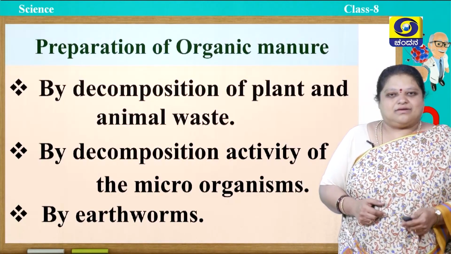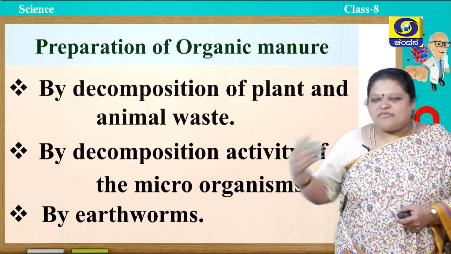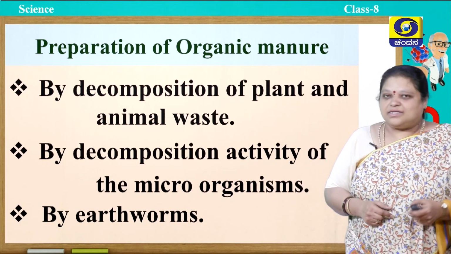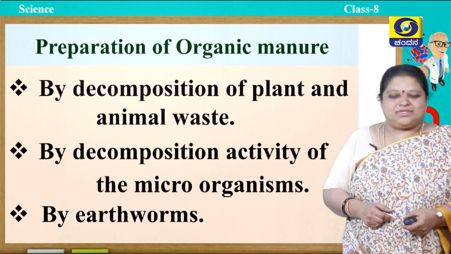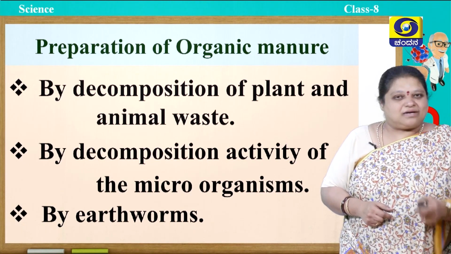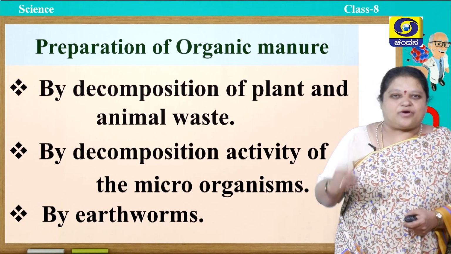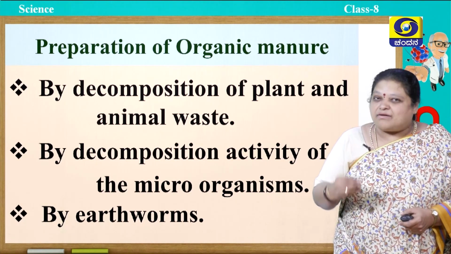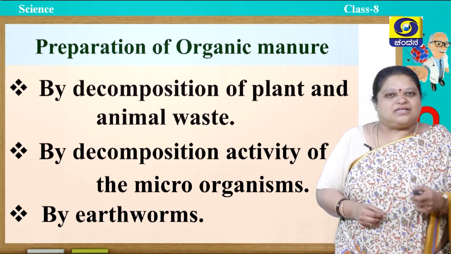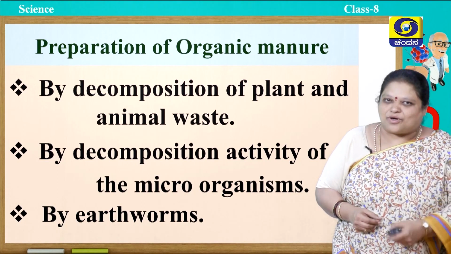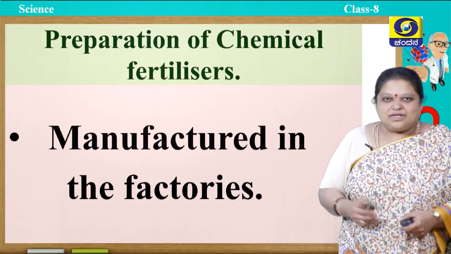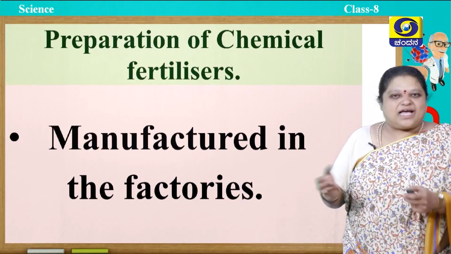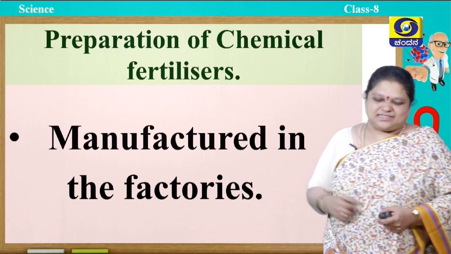Now, sometimes though we add organic manure, the plants may not grow very well. That is because sometimes the manure that you have added may not contain the nutrients that are required for the plants to grow. So at that time, for our rescue, we will have these chemical fertilizers.